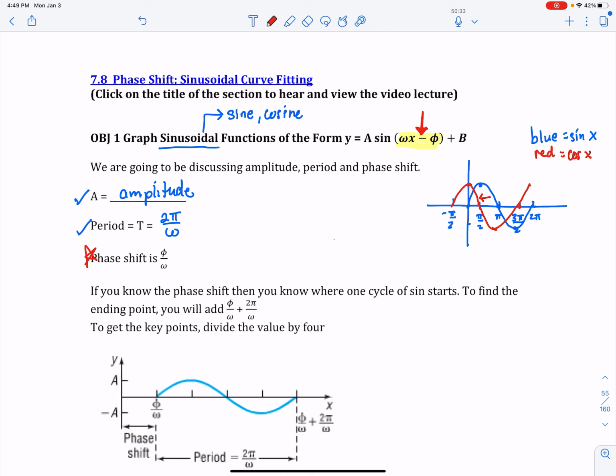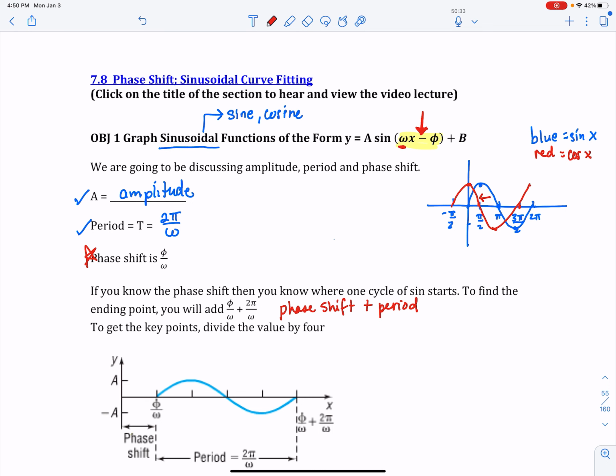The other thing that's going to affect this shift is omega. So that's why when we look at phase shift, we're going to take phi over omega. If you know the phase shift, then you know where one cycle of sine starts. And to figure out the endpoint, what you're going to do is add the phase shift plus the period. So that's where they got that formula, phi over omega, that's the phase shift, and 2 pi over omega is the period.